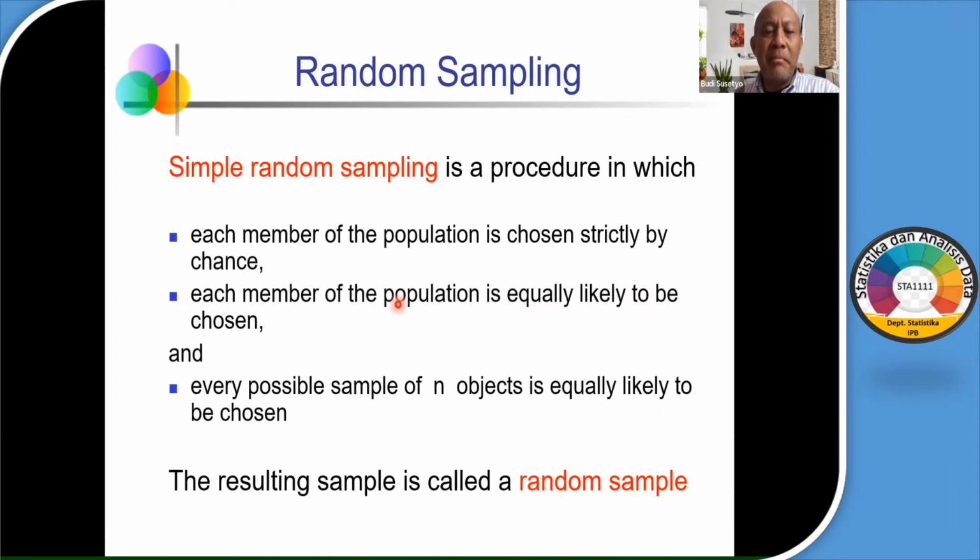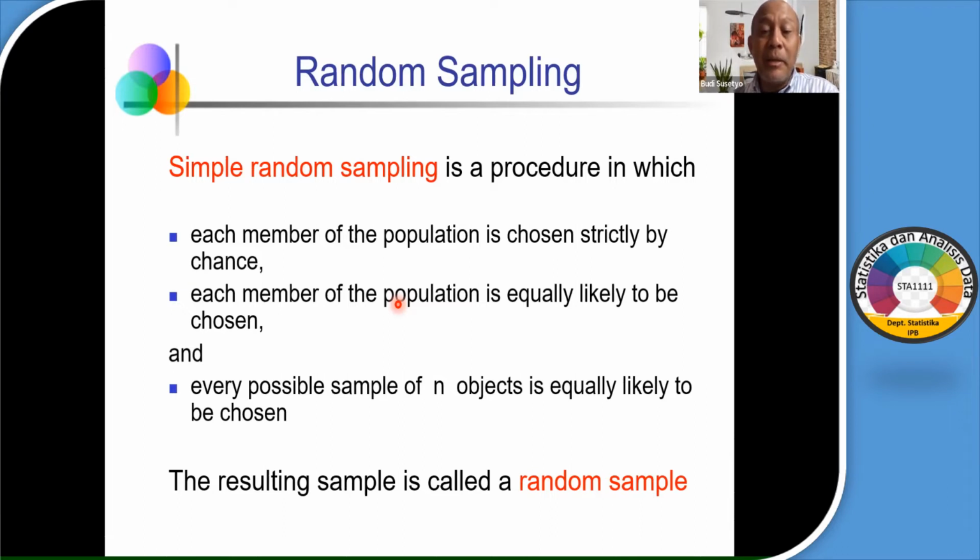For example, if the population size is 1,000, and the sample size you want to take is 100, that means every member has 0.10 or 10% probability to be chosen, because 100 divided by 1,000.